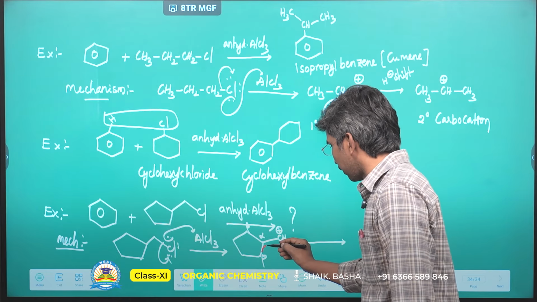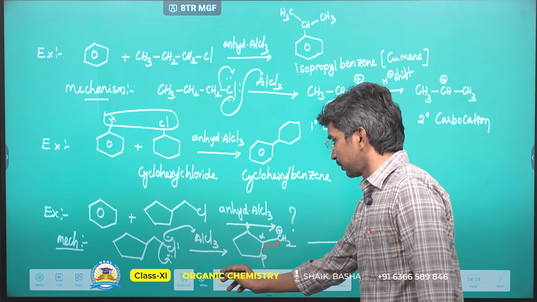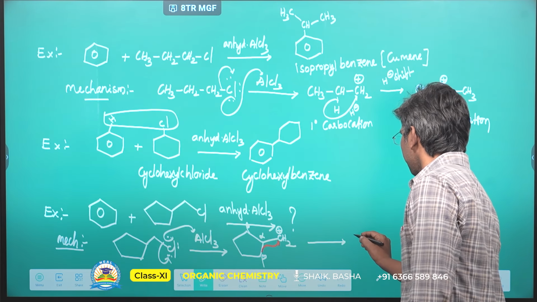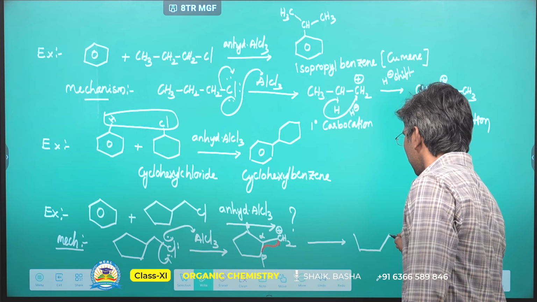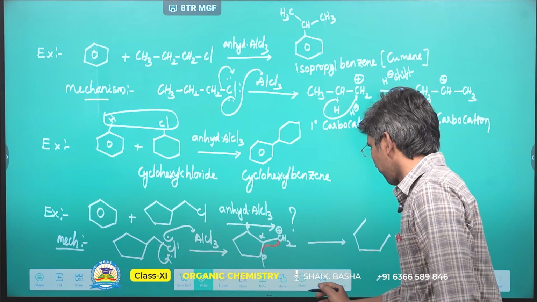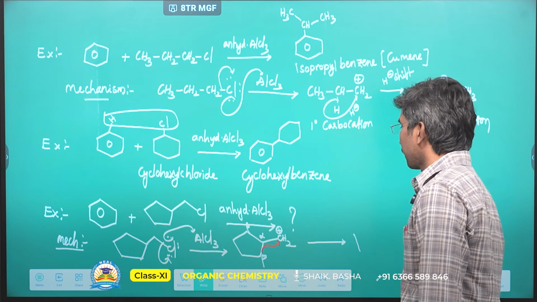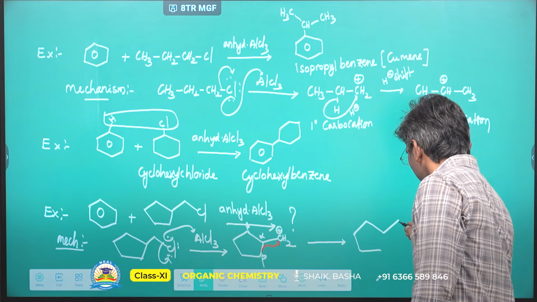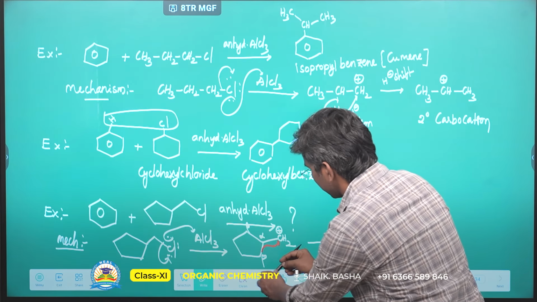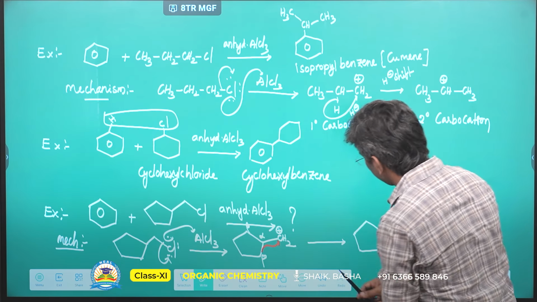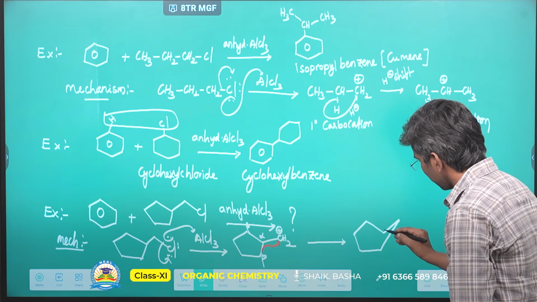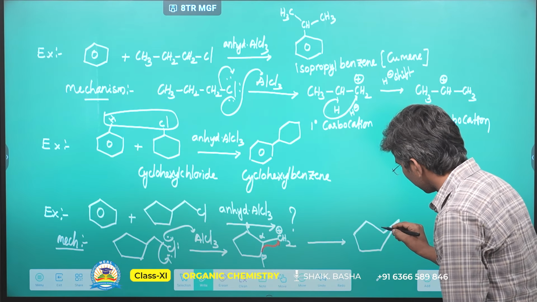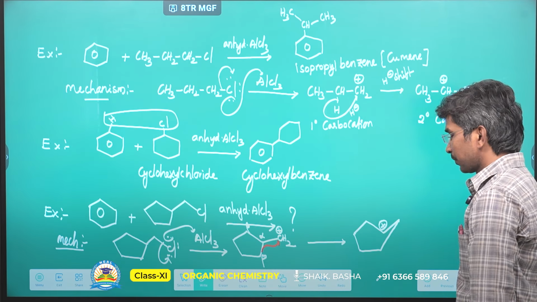In the cyclopentyl ring, this bond is there from here to here. It is shifting like this. The connectivity between the alpha and beta carbon is lost. That's why the alpha carbon gets which charge? Positive charge.